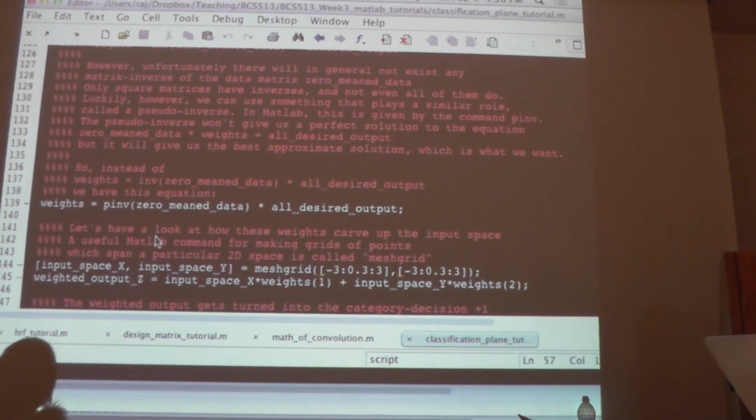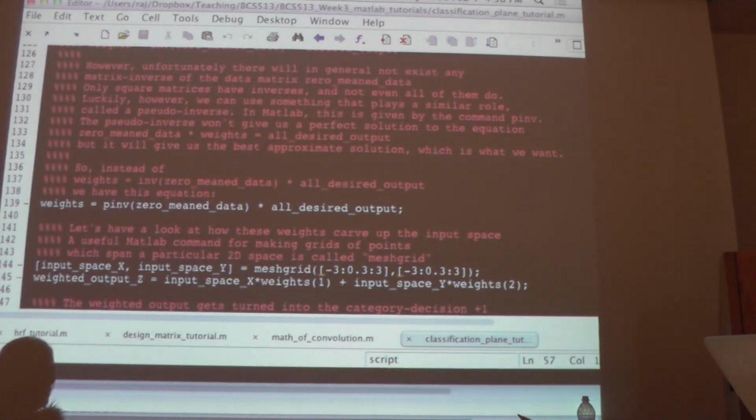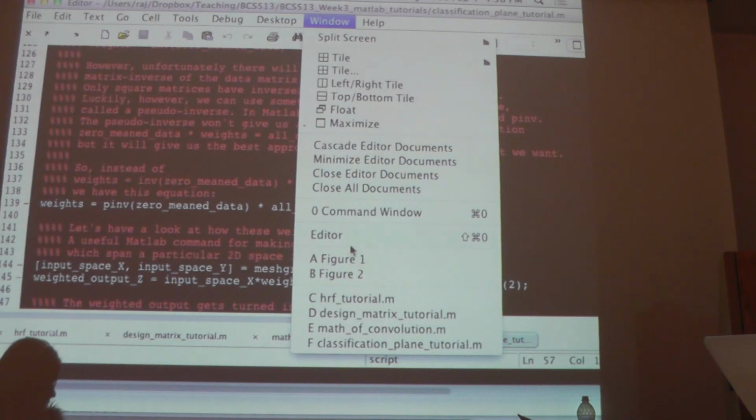Just as in estimating the sensitivity of a voxel, we said here's our measured voxel response, here's our matrix of predictors, and here's what we want to estimate: how much this voxel likes words or how much it likes objects. It turns out that the exact same approach is what's done in a simple linear classifier. You say, here's our data, which in this case is whereabouts on that plot the sumo wrestlers and basketball players are.